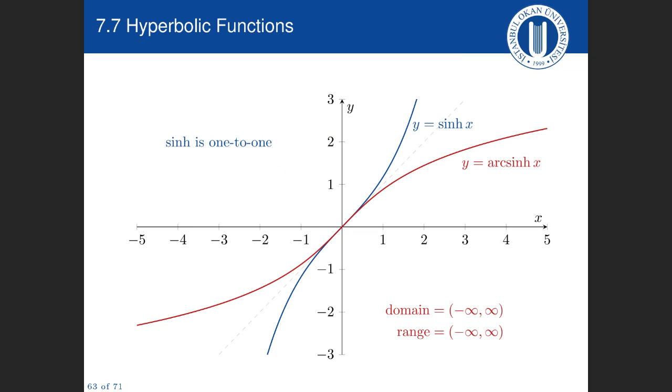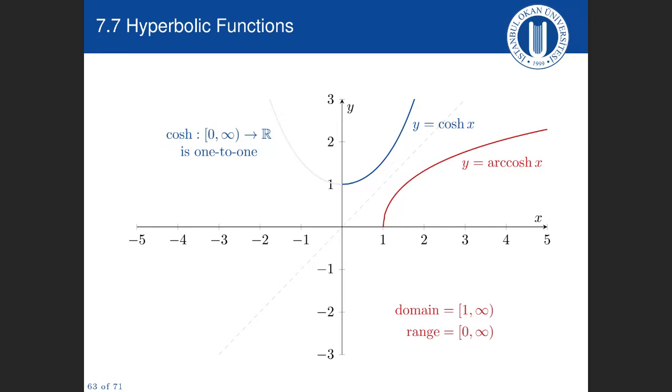Sinh is one-to-one. This is the inverse, arcsinh. For cosh, we need to restrict the domain to the closed interval from 0 to infinity. And then we have a one-to-one function, which then has an inverse.